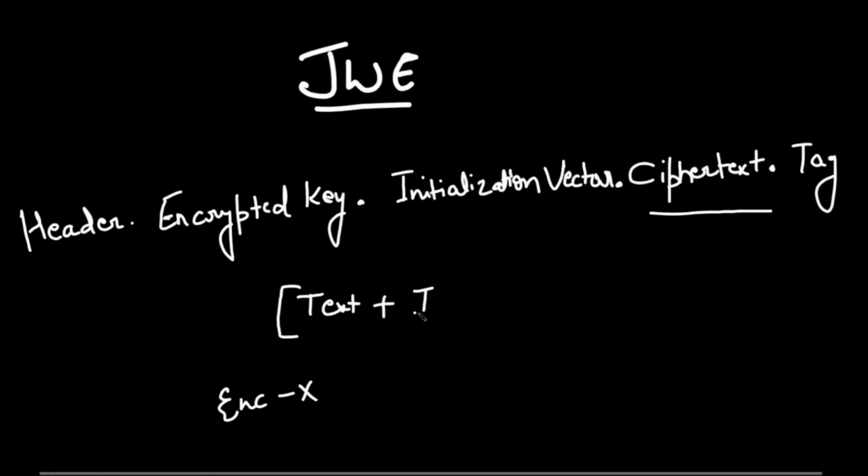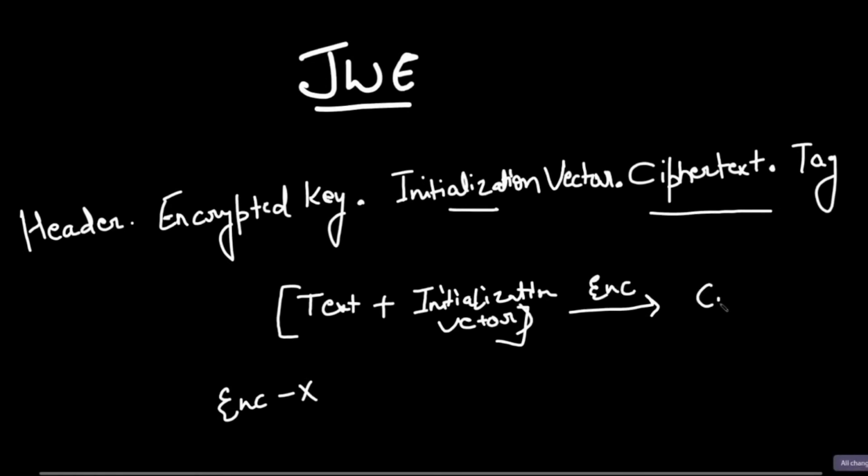So that random key or nonce you can call the initialization vector, which is this component. When you combine these 2 components and pass them via the encryption algorithm, it will generate a ciphertext, which is the encrypted payload plus a certain tag as well.